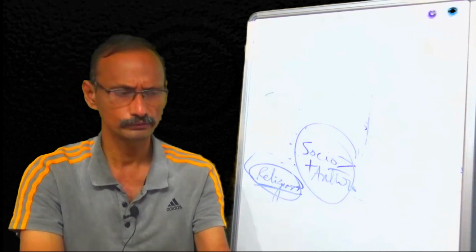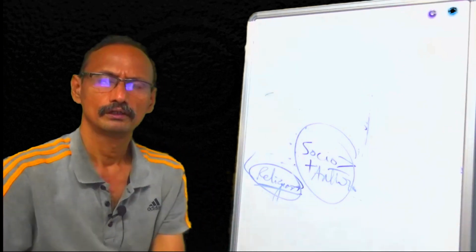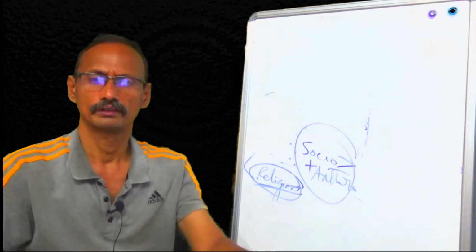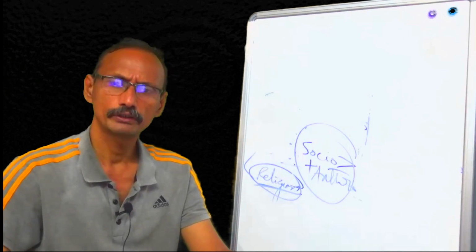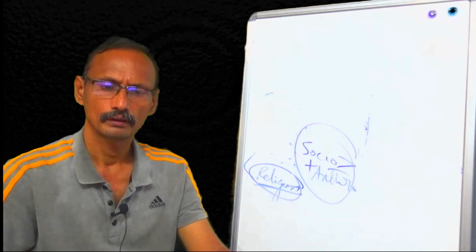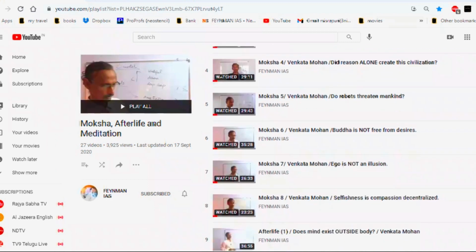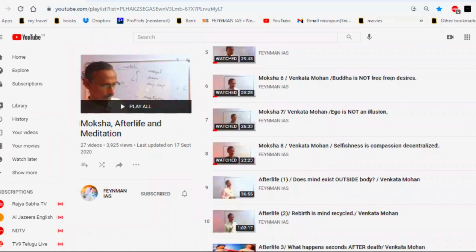Okay, I spent a few months doing philosophy work, and I released some videos on spirituality. For example, this is what I did. Moksha 1, Moksha 2, consciousness. On consciousness, moksha, around 8 videos.